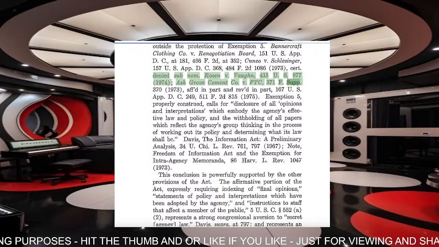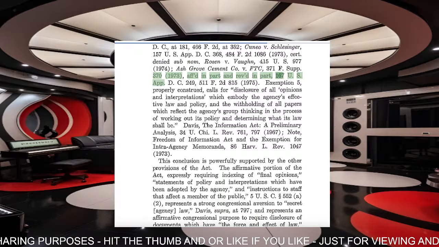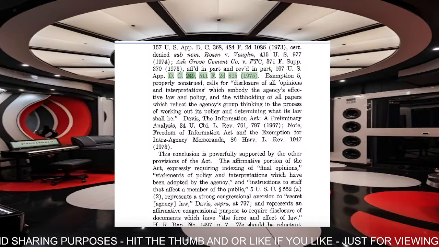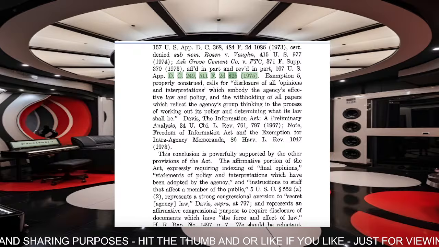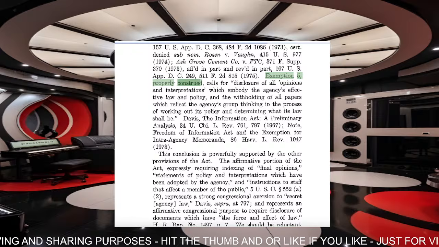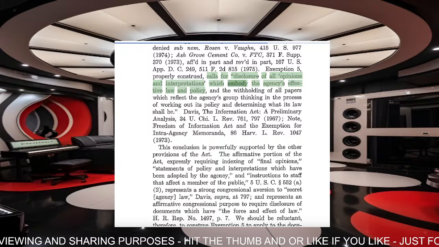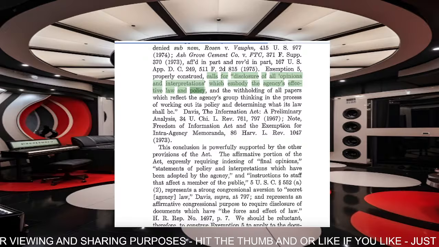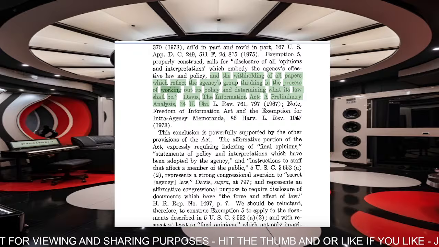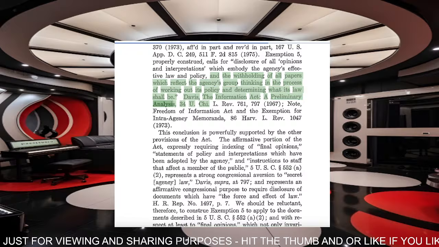FTC, 371 F. Supp. 370, affirmed in part and reversed in part, 167 U.S. App. D.C. 249, 511 F.2d 815. Exemption 5, properly construed, calls for disclosure of all opinions and interpretations which embody the agency's effective law and policy, and the withholding of all papers which reflect the agency's group thinking in the process of working out its policy and determining what its law shall be.